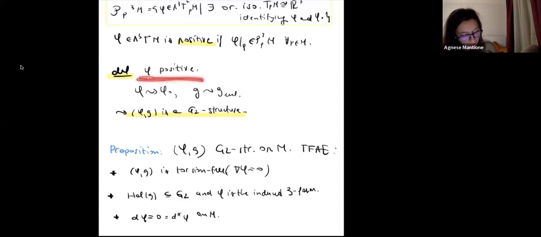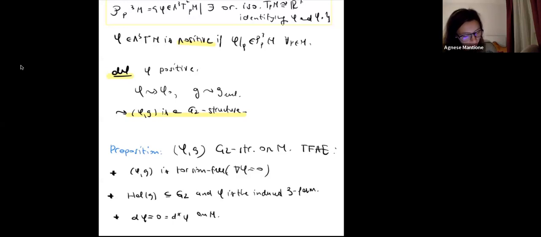So basically from the form, we can define a metric. And so here we have a nonlinear equation. And also here, because again, the connection is determined by the metric, which itself is determined by the form. So this explains how complicated it is to actually have a torsion-free G2 structure.